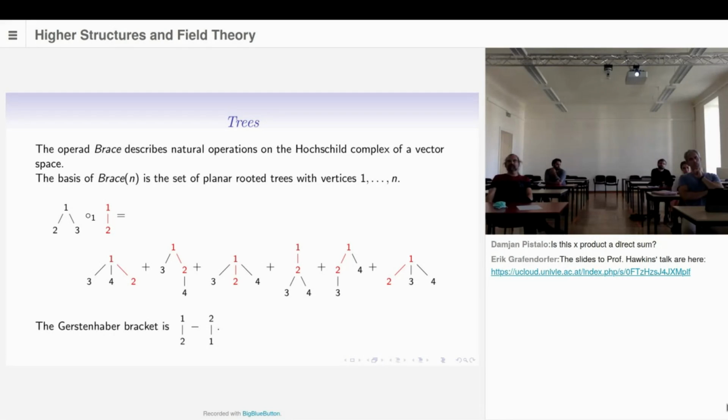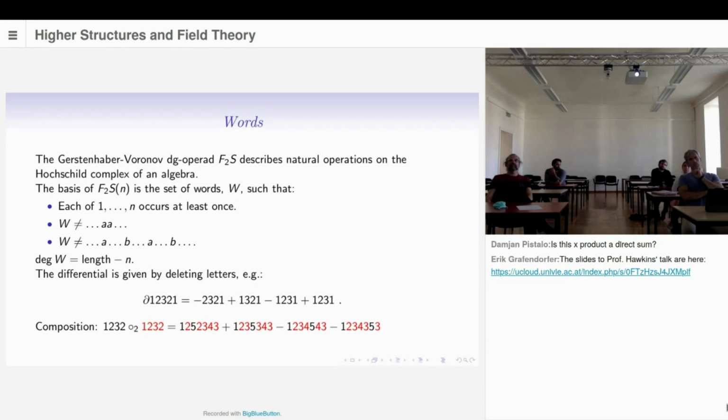Okay, with me? So a fancier operad related to that is one made out of words. It has a number of names and notations and descriptions, but I think it first appeared in a paper by Gerstenhaber and Voronov, which is actually the same paper that introduced brace algebras.